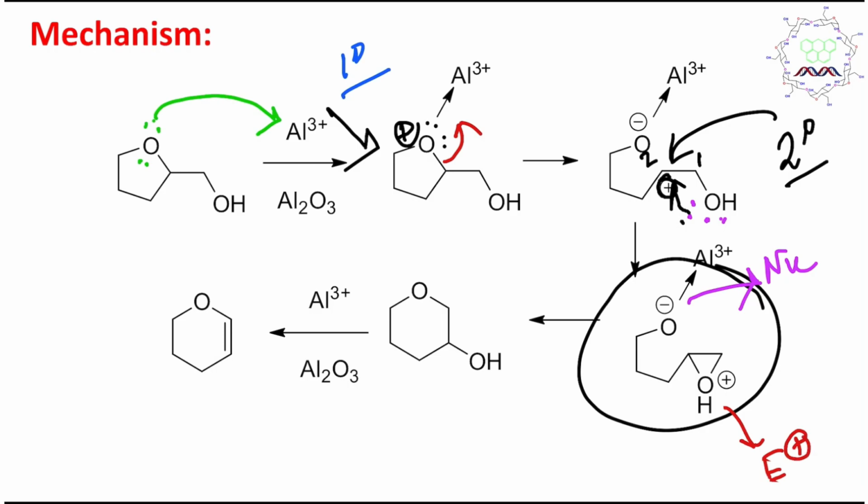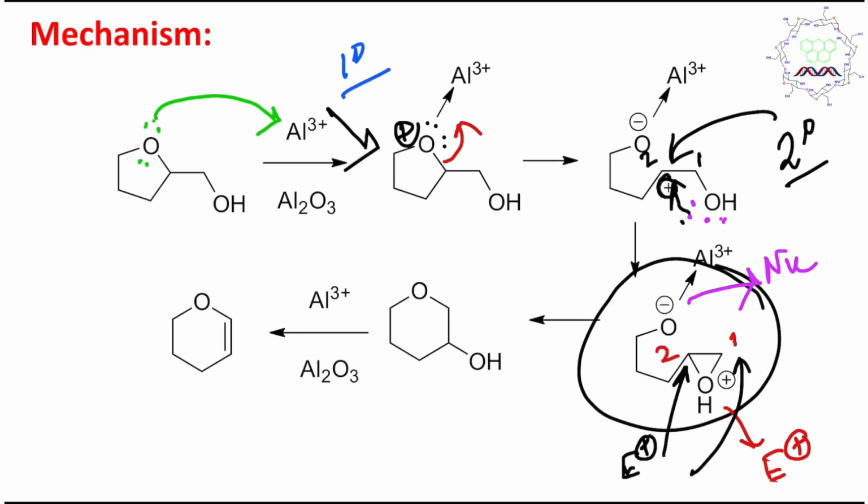Both this carbon center and this carbon center are electrophilic because they are attached to the electronegative atom oxygen, and this oxygen is carrying a positive charge, so it is more electron deficient.